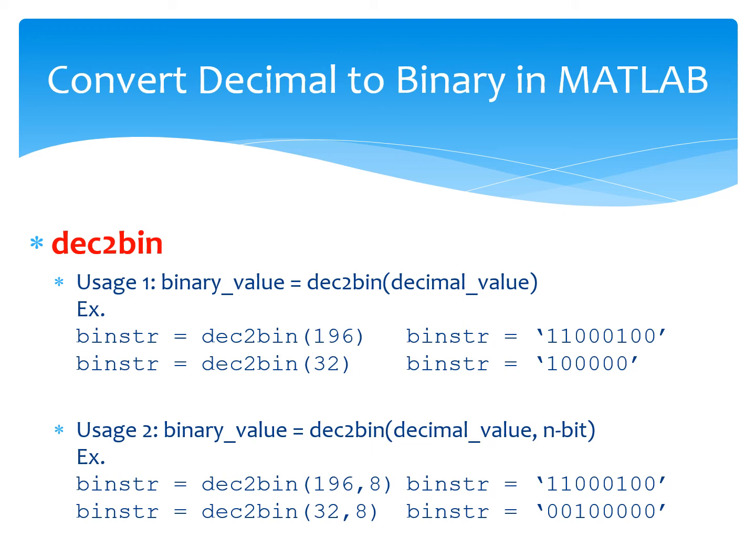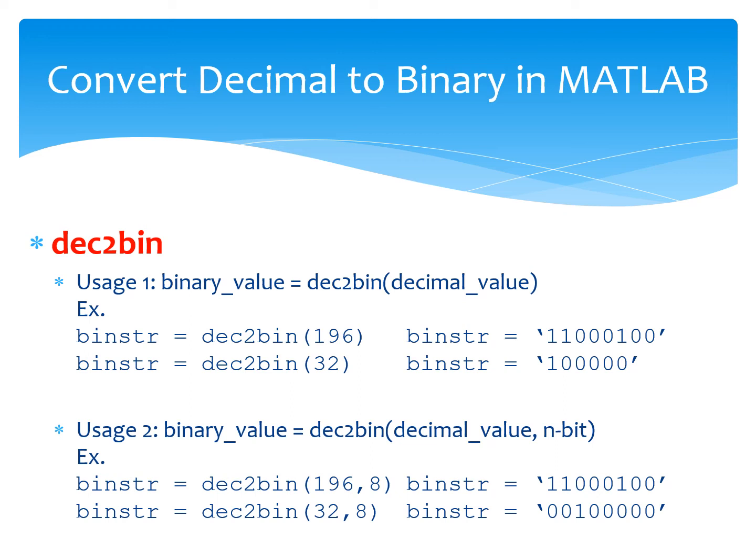To overcome the missing leading zeros, the second usage of the DEC2BIN function is introduced. When calling DEC2BIN, we can provide a second parameter which indicates the total number of bits it should return, so that the MATLAB function will automatically add the leading zeros.